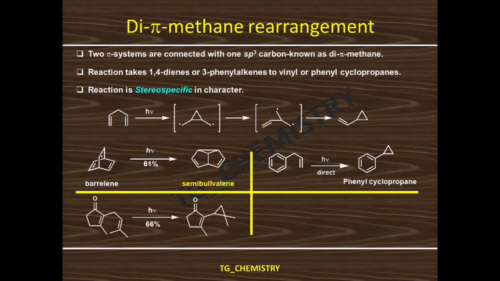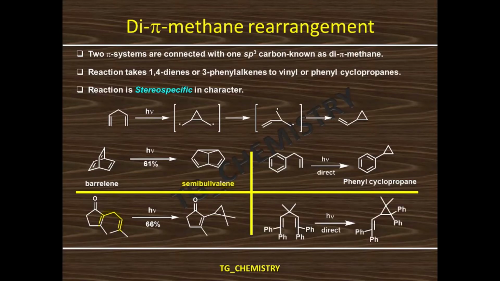If we go to the next one, with the photoirradiation of this cyclopentenone having another alkyl chain, these are eventually di-pi-methane systems. If you go along this way, this is the highlighted di-pi-methane part, and upon photoirradiation it will yield the cyclopropane ring structure in the final product, in 66% yield.